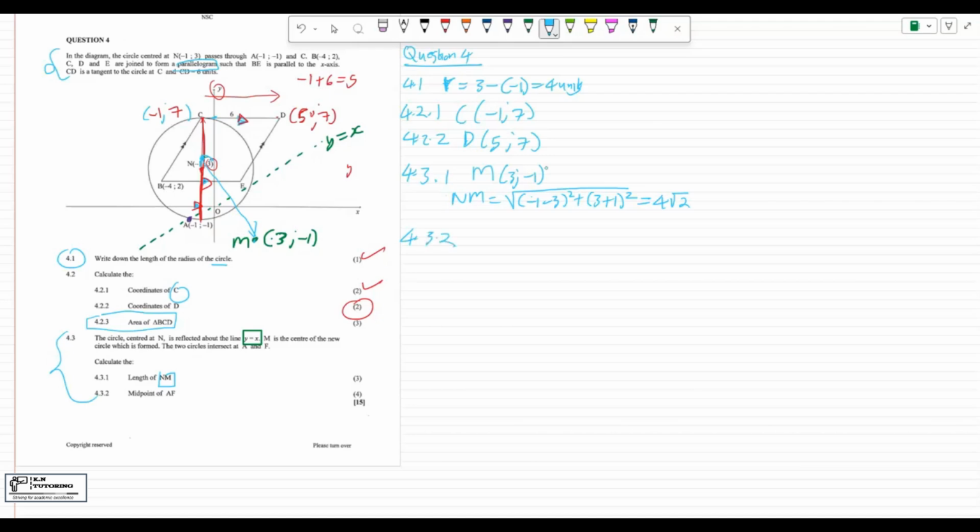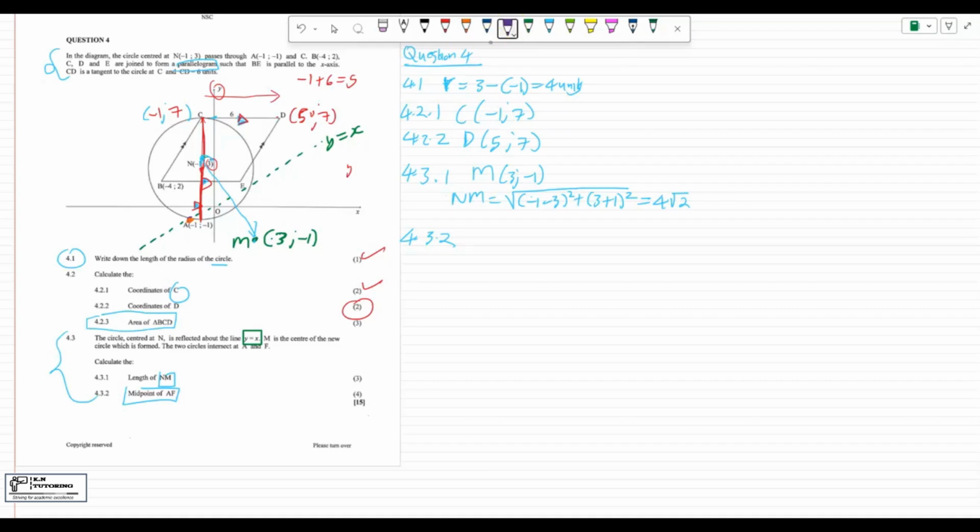4.3.2, the midpoint of AF. Okay, let's go and check. Where is A and F? So again, they are taking us back to that F. All right.